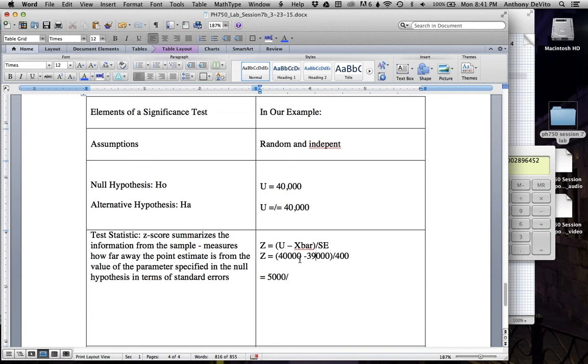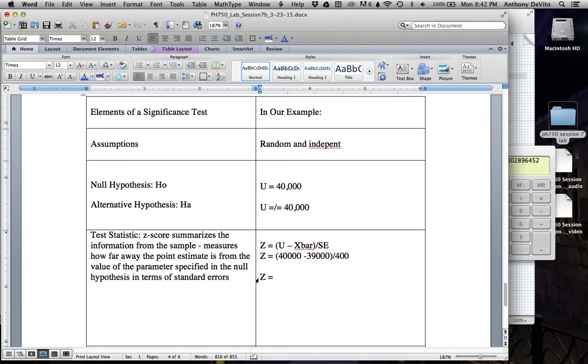So Z is going to be equal to the mean from the null hypothesis, our original mean, minus x bar, which is 39,000, divided by the standard error, which is 4,000 divided by the square root of 100, which is 400. So what is Z equal to?